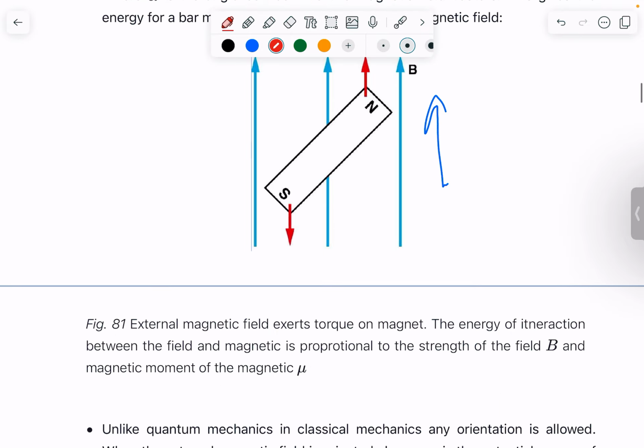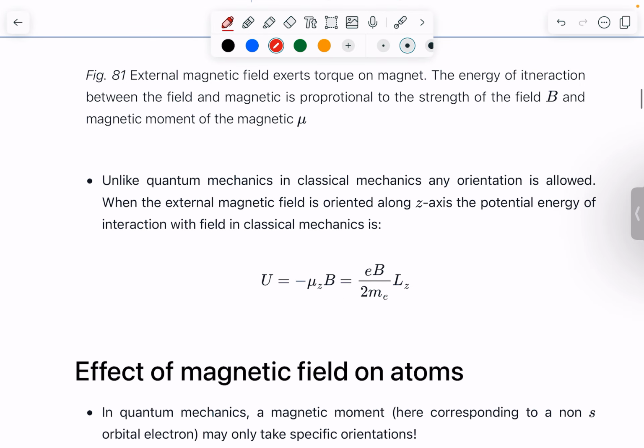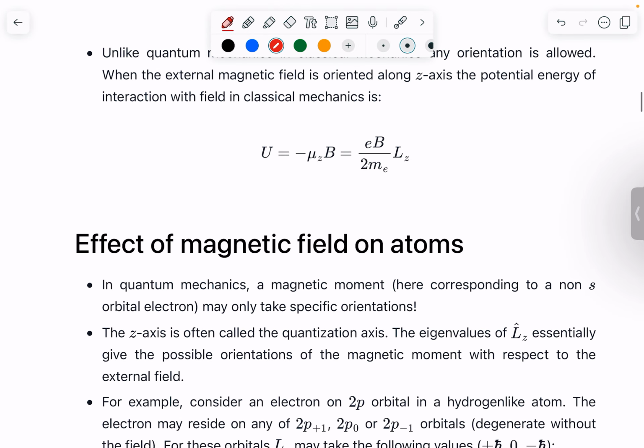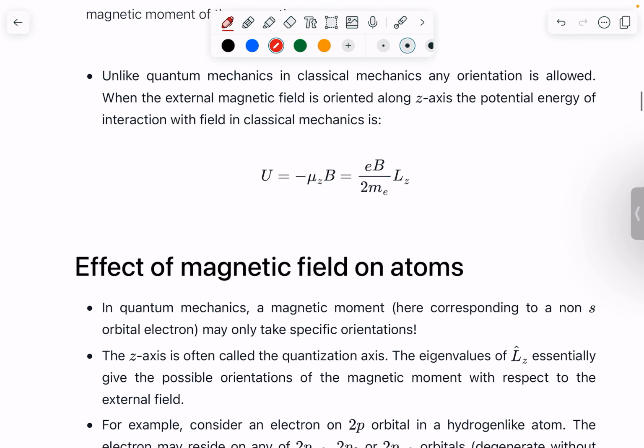These are concepts that come from classical mechanics, and all we have to do in quantum mechanics is simply replace the angular momentum by its eigenvalues. This is the standard recipe of quantum mechanics, and we get the interaction energy of the magnetic moment with the external field.